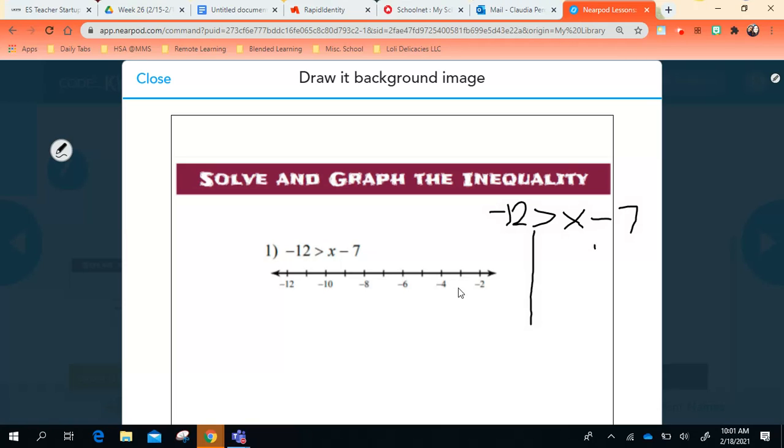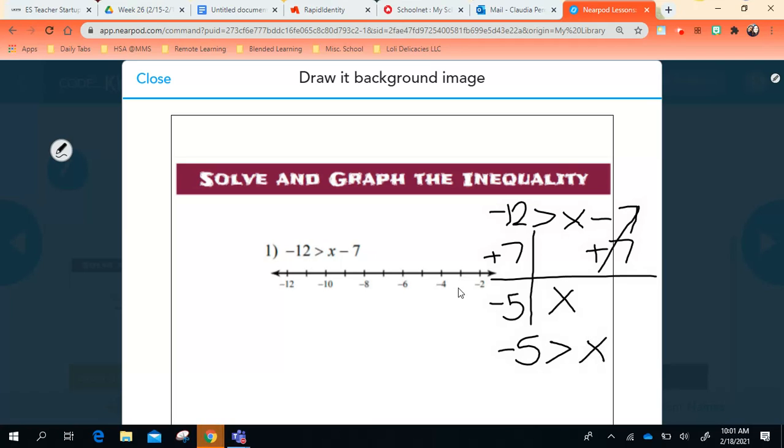Add the 7. I'm going to add the 7 on both sides because whatever I do on one side, I do on the other. This gives me a 0, which I don't have to write. I'm going to bring down my x, and then -12 plus 7. What does that give me? -5. So if I rewrite it, -5 is greater than x.